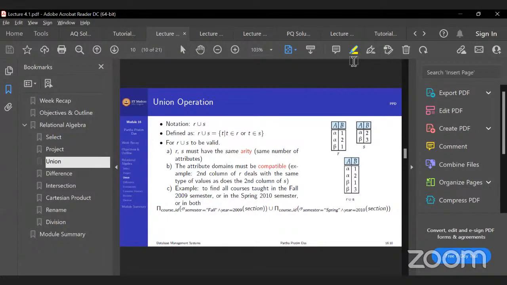I have this problem. Can someone help me how to write on this? Pradeep, you can open in Microsoft Edge. Okay.